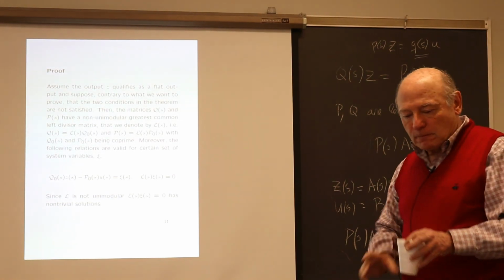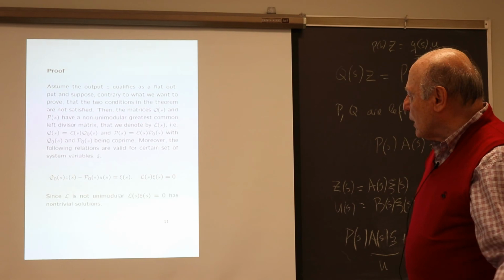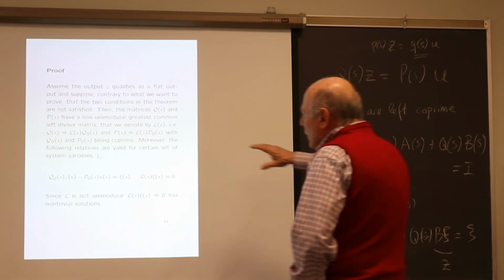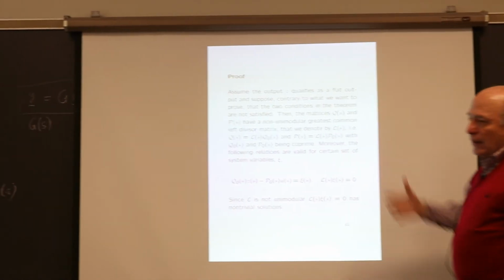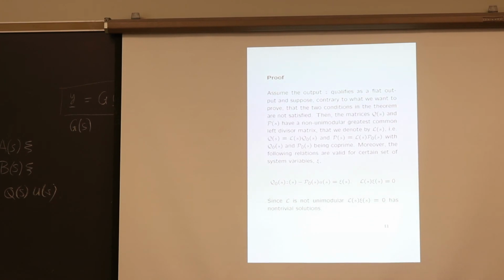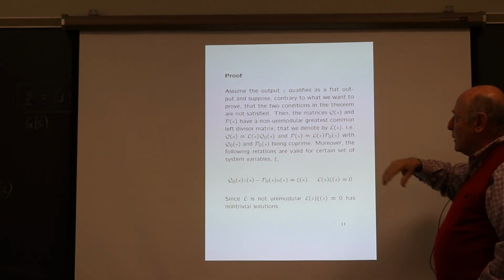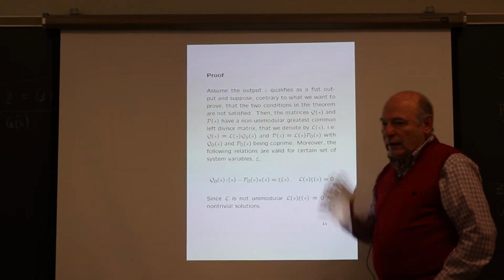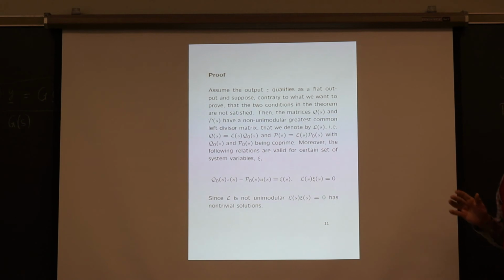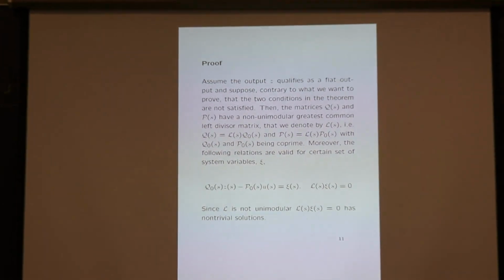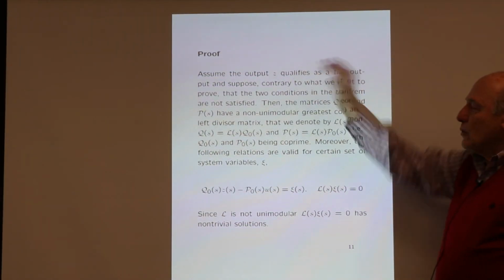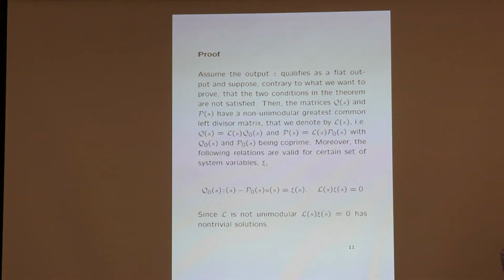We can proceed by contradiction. Let's assume that C qualifies as the flat output of the system. And contrary to what we want to prove, that the two conditions are valid, we will assume that these conditions are not satisfied. If we get a contradiction, it's because our first assumption is wrong, so C wouldn't be a flat output.